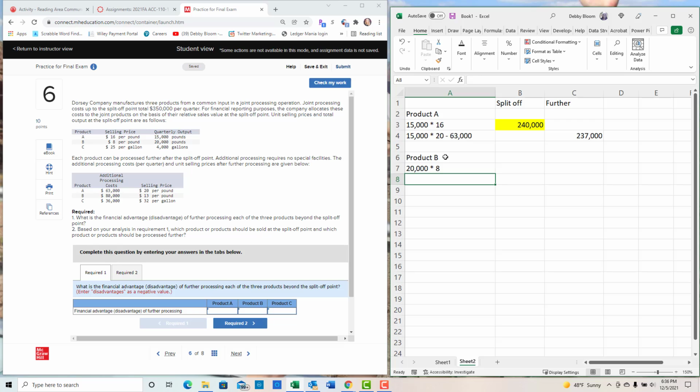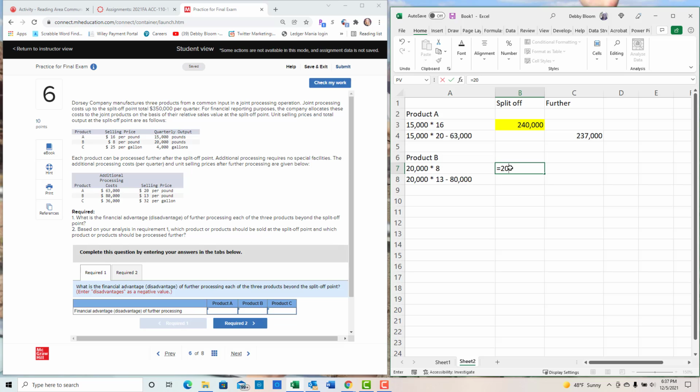From the second chart, product B, if I choose further processing, it brings the price up to $13 per pound, but I have to pay an extra $80,000. So we can see here that it brings the price up by $5 a pound. 5 times 20 is 100,000. So the change in price brings the revenue up 100,000, but 80,000 extra in costs. This one looks like it's going to be a good deal.